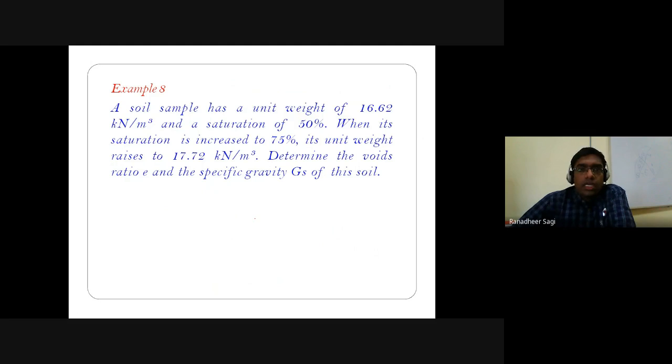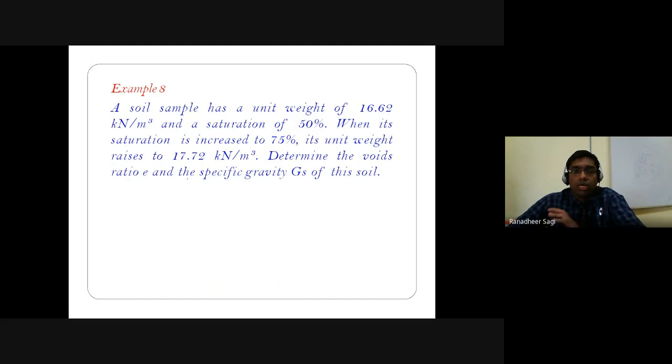Let's go ahead and see another problem, where it states that a soil sample has a unit weight of 16.62 kilonewton per meter cube when the saturation existing in that soil is 50%. When its saturation is increased to 75%, its unit weight rises to 17.72 kilonewton per meter cube. You are required to determine the void ratio and the specific gravity of soil solids.